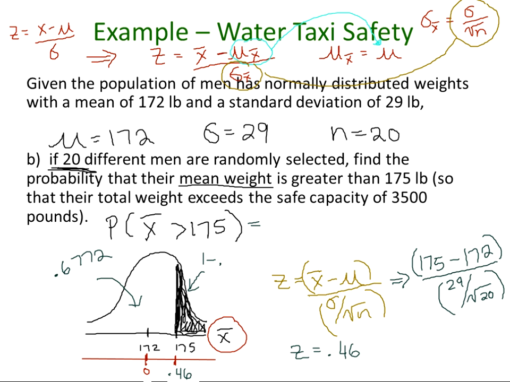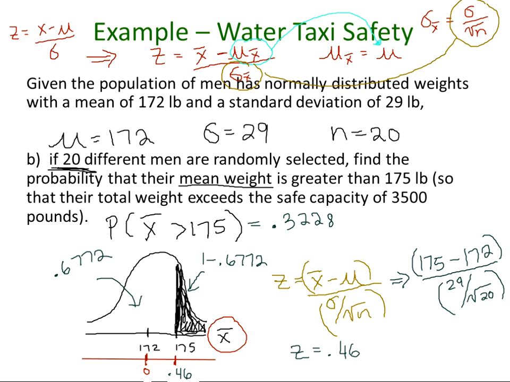Remember, to find the area to the right, we have to subtract from 1. So 1 minus 0.6772, that's the area to the right. Okay, so 0.3228.